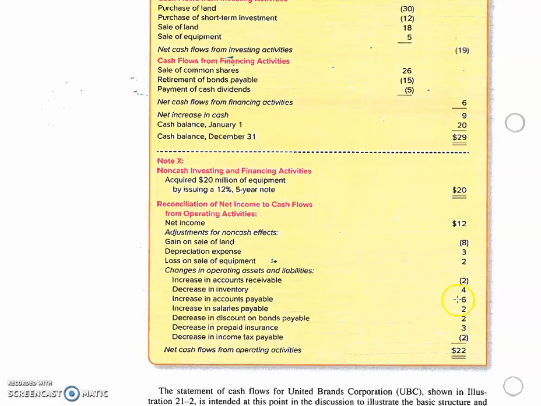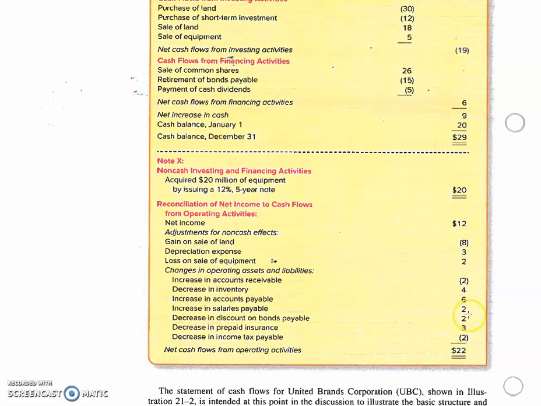So if accounts payable went up, it meant we bought more inventory than we paid for. So we had more reported in cost of goods sold than we actually had cash outflow for. So an increase in a liability gets added back the same way a decrease in an asset does.